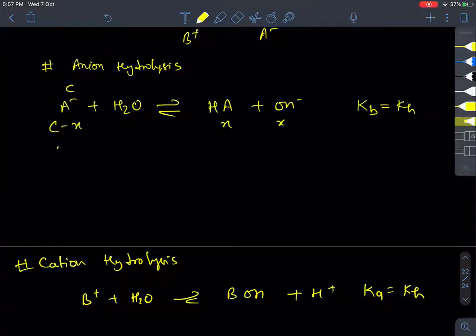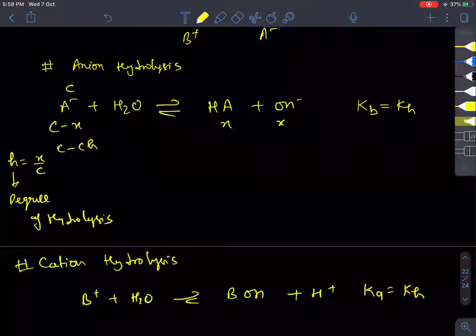Now, if H is the degree of hydrolysis, H will be defined as X by C. Now this will be basically C minus CH, this will be CH, and this will be CH.